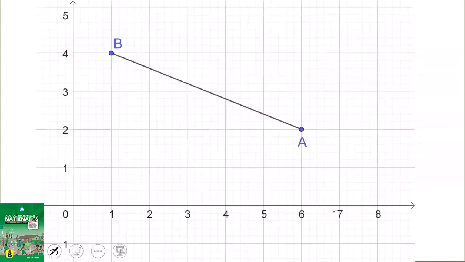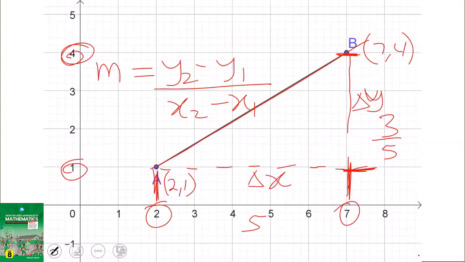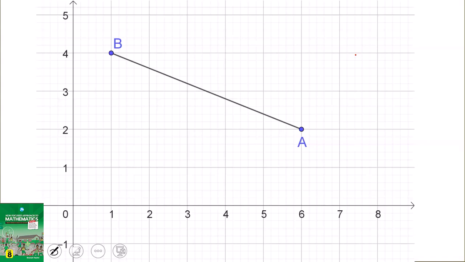Now let's look at another example where the line goes in the opposite direction. Compared to the previous one, where we had the line going this way, when the line goes that way, it changes. And then we are seeing that the gradient of this line is going to be negative. Why? Because the point here, which we have as 1, 4, that is for the B, and that of the A is 6, 2.